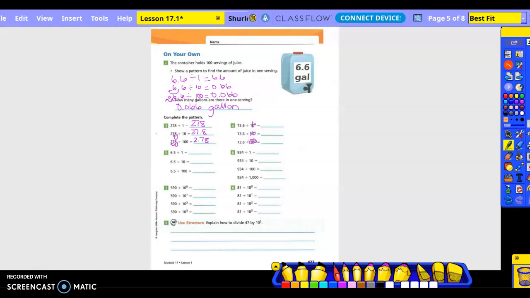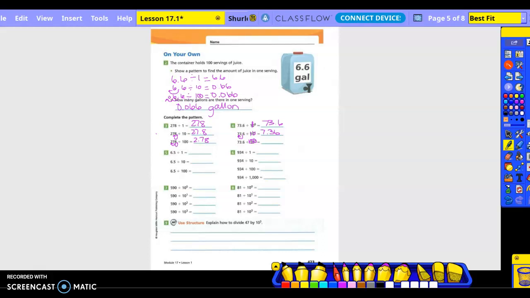To the left, because they're whole numbers, right? So first one, anything times 1 is itself, so 73 and 6/10. Next one, dividing by 10, am I going to the left or to the right? Left, how many places? 1. So my answer is 7 and 36 hundredths. 73 and 6/10 divided by 100 is what?